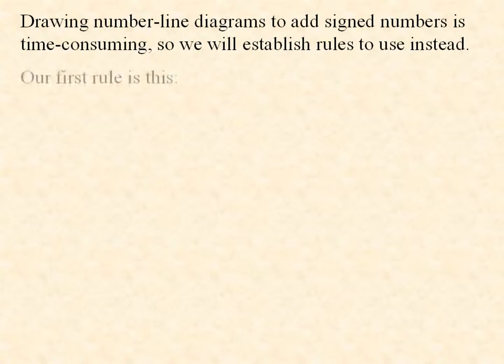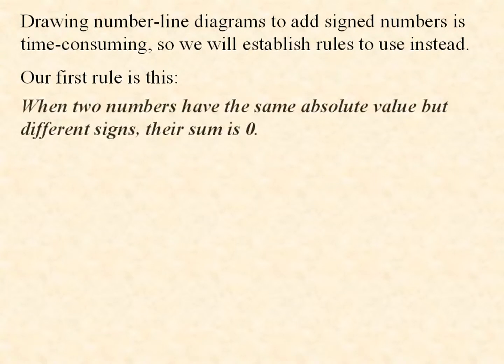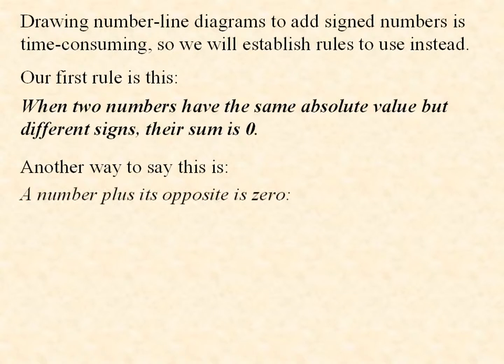Our first rule is this. When two numbers have the same absolute value but different signs, their sum is 0. Another way to say this is a number plus its opposite is 0. In algebra, a plus the opposite of a is 0.